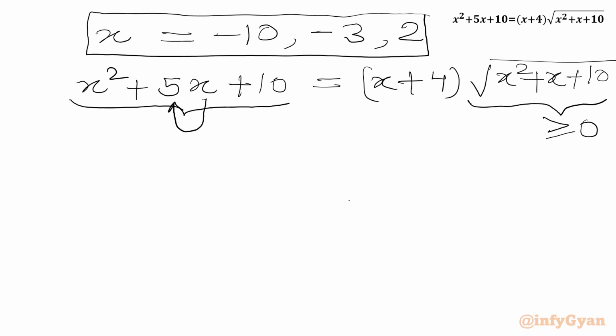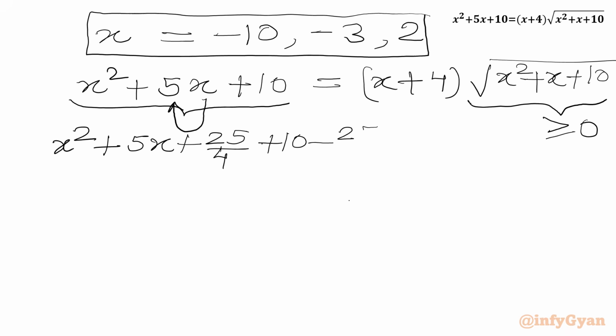Coefficient of x is 5. Half of 5 is 5 over 2. The square of 5 over 2 is 25 over 4. I will add and subtract 25 over 4 in LHS. So I will write here 25 over 4, then we have plus 10, then I will write minus 25 over 4.